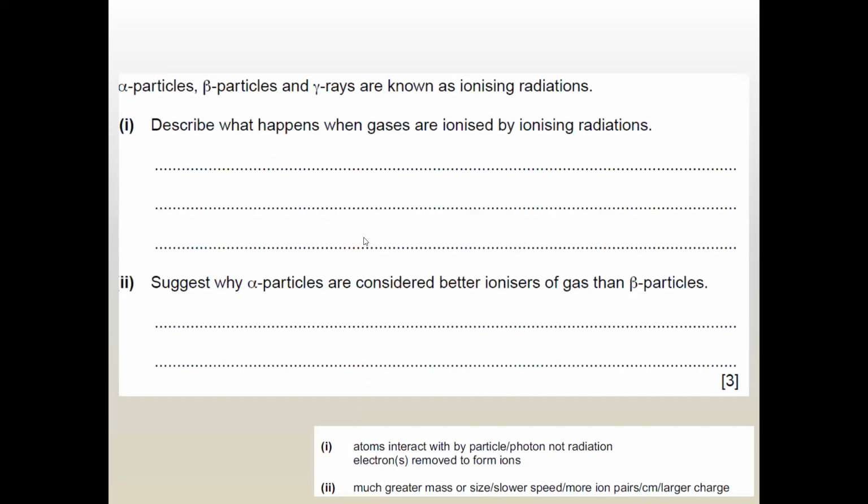The next part is also related to ionization. Alpha, beta, and gamma are known as ionizing radiation. What happens when gases are ionized by ionizing radiation?